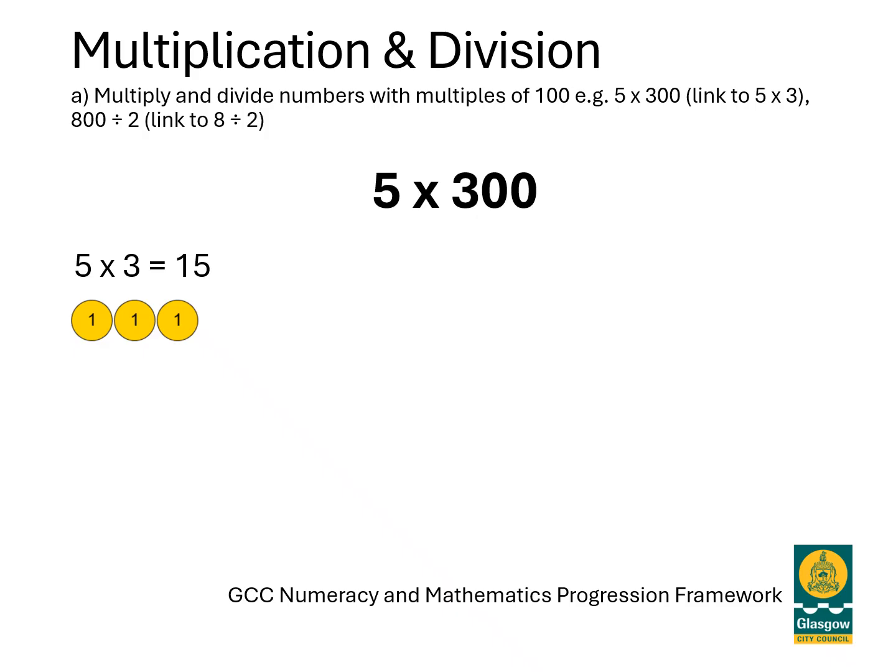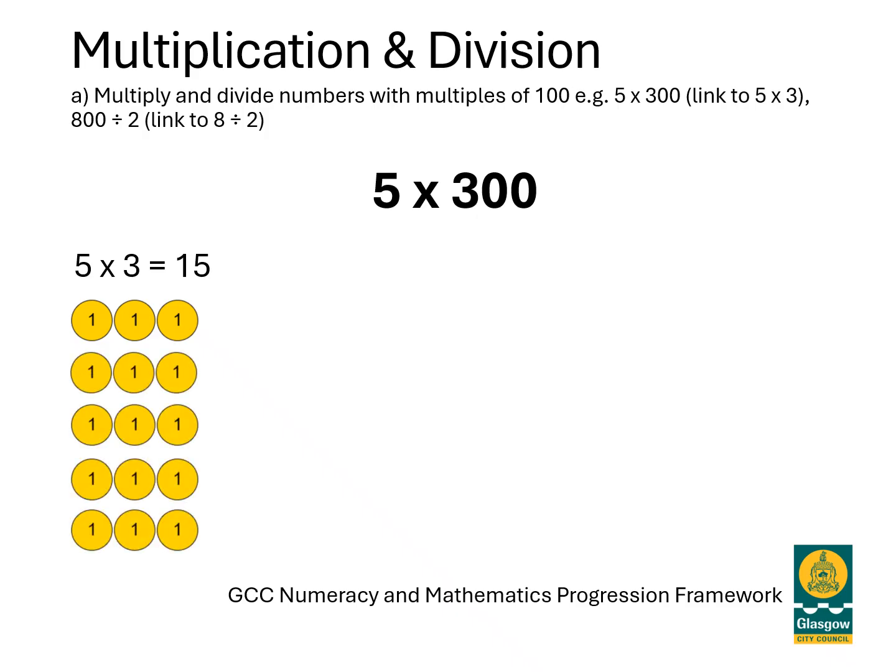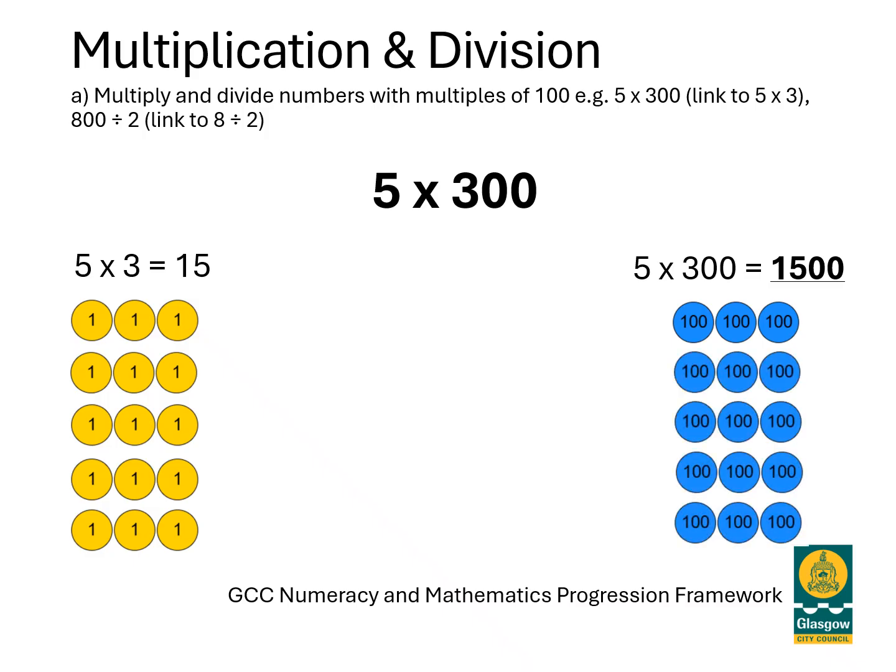So we've got a group of 3 here, 5 groups of 3 here, adding up to 15. And over on the right-hand side, in the same way, 5 times 300 means 5 groups of 300. Here's one group of 300, here's 5 groups of 300, and that's why it's 1500.